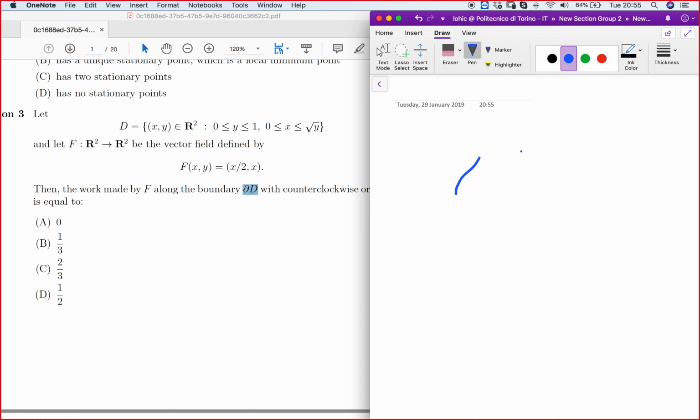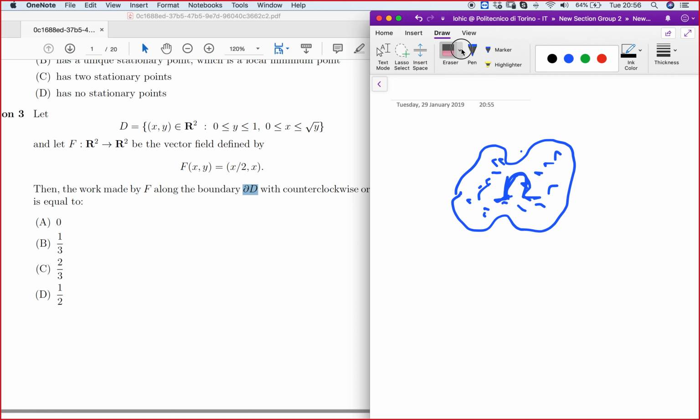What does the Green theorem say? Suppose that you have this as your domain, let's call it omega. In this exercise it is D, so let me call it D, like in the exercise.